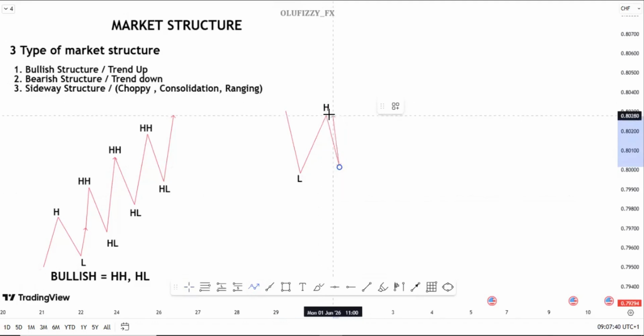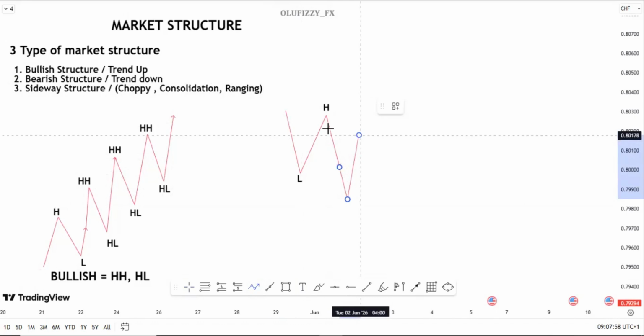But in this case, price takes out this low to create a lower low, a low that is lower than this previous low. That's the reason why you call it a lower low, because this low is lower than this previous low. Then price creates a high that is lower than this previous high. So that's the reason why we say that a bearish market structure is when price starts giving you a series of lower lows and lower highs.